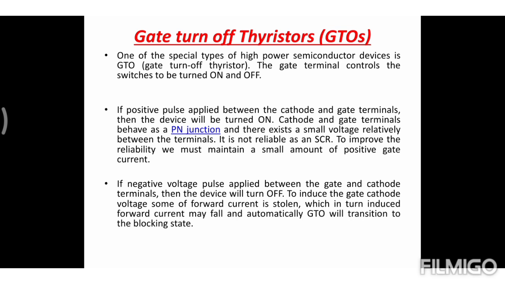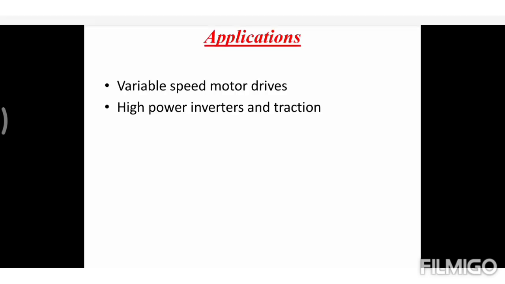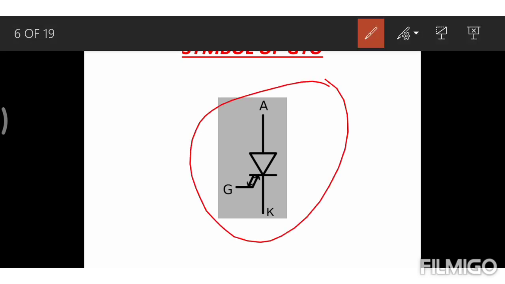So this is about the GTO, and this is the electrical symbol. Here totally 3 terminals are present: anode, cathode and gate terminals. We are going to apply the voltage, that means positive voltage, between cathode and gate terminals only.